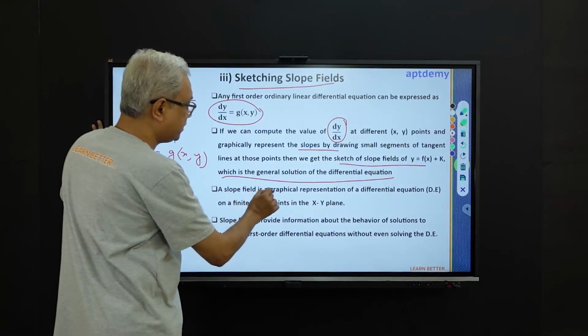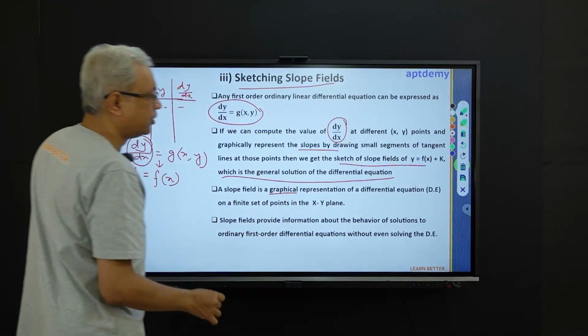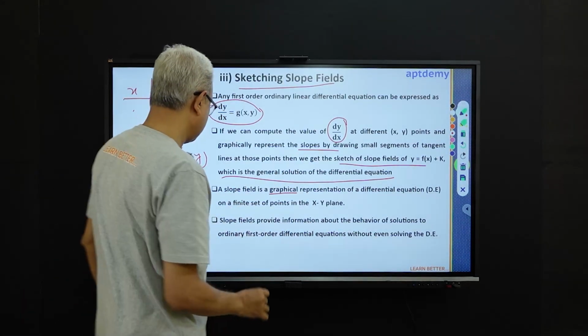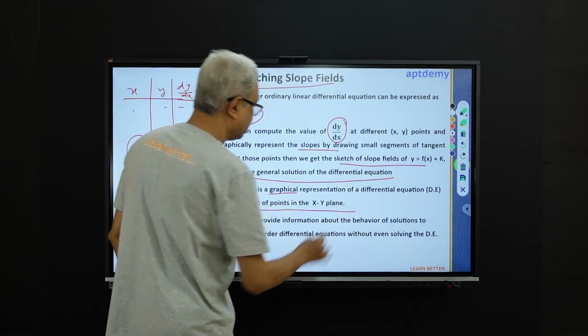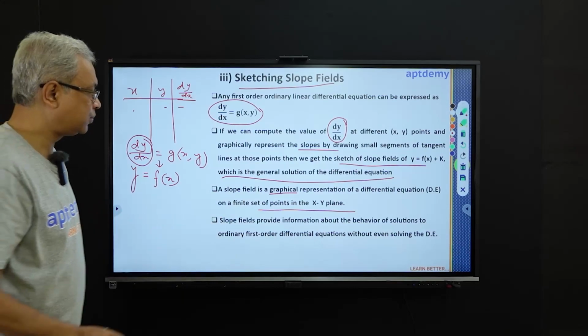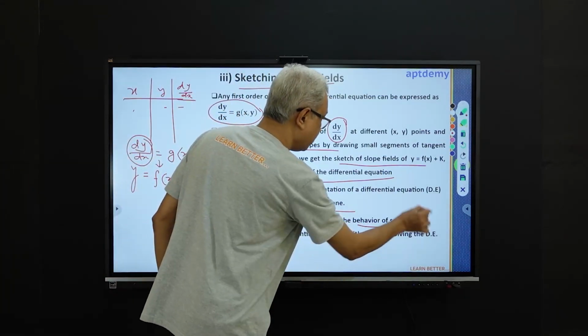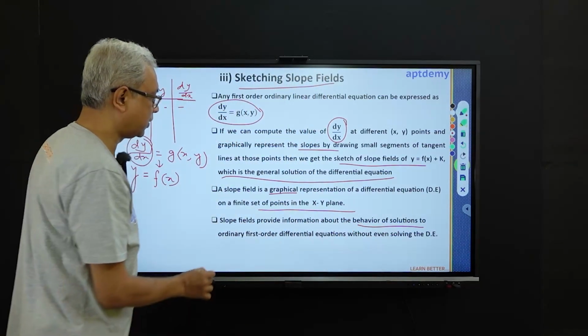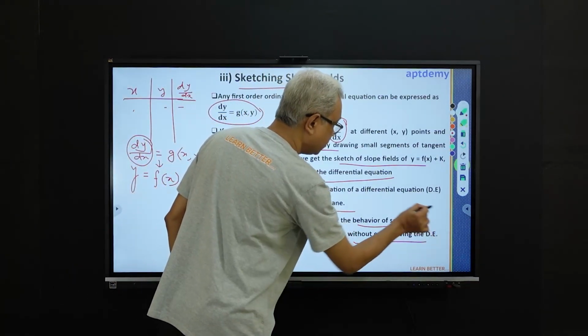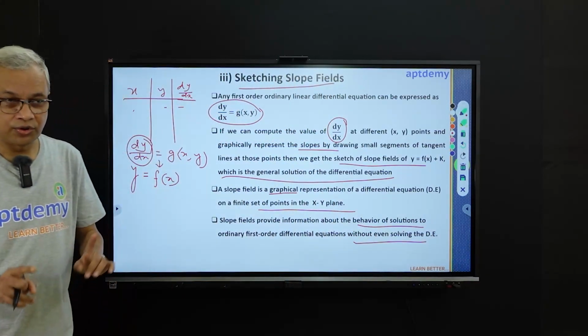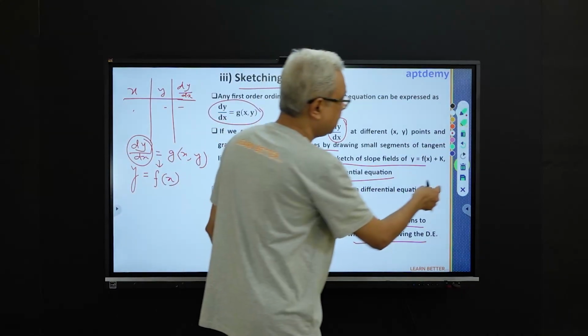A slope field is a general graphical representation of a differential equation on a finite set of points in the xy plane. Slope fields provide information about the behavior of solutions to ordinary first order differential equations without even solving the differential equation. Okay, so things will be clear with an example.